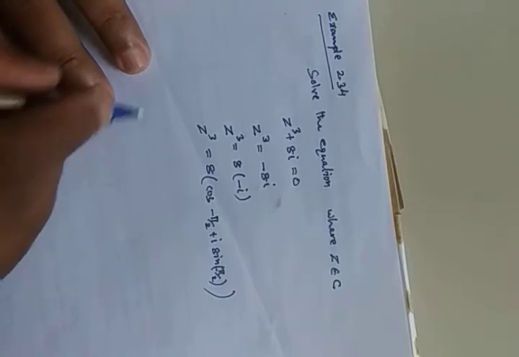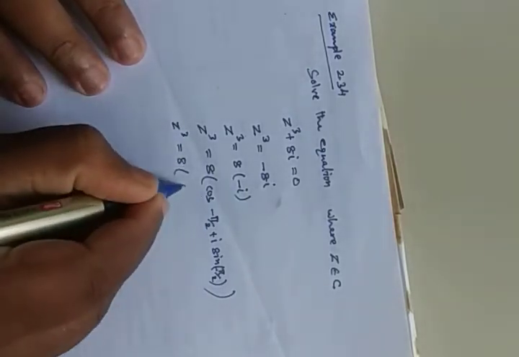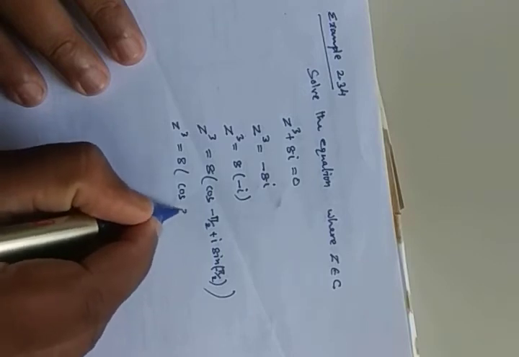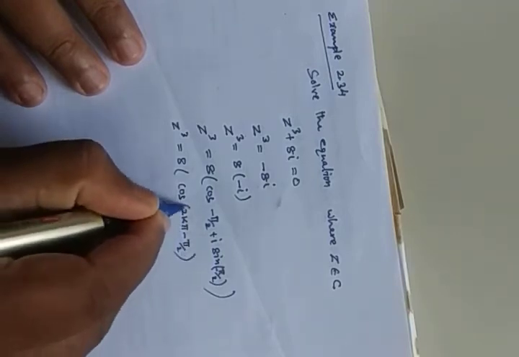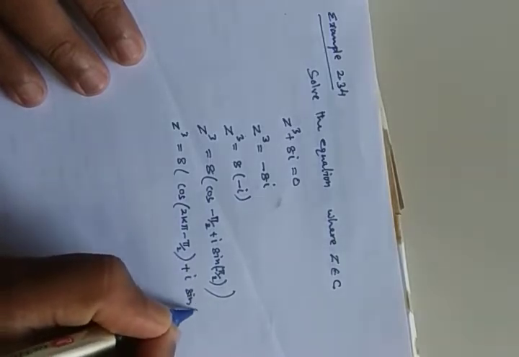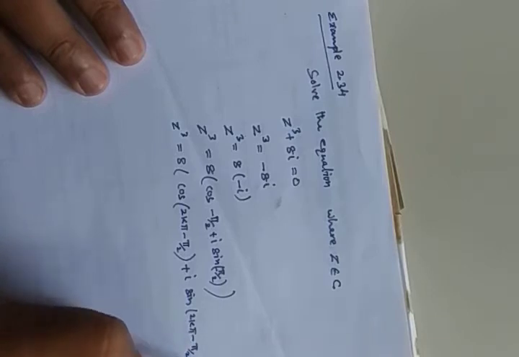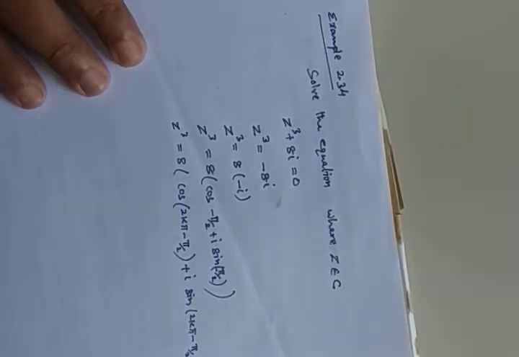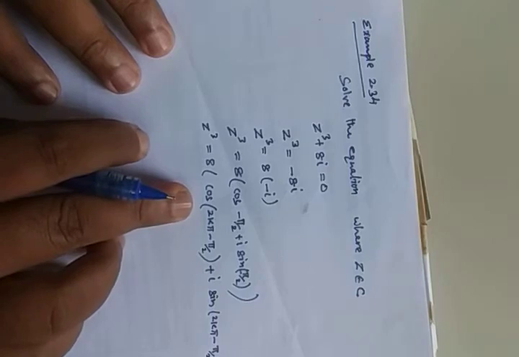So now you want to write the general form. z cube equals 8, and then cos of 2k pi minus pi by 2, I am writing for our understanding purpose, plus i sin again of 2k pi minus pi by 2. We can write in our own style, that is no issue. Simplify, you will get a little bit simplified form.